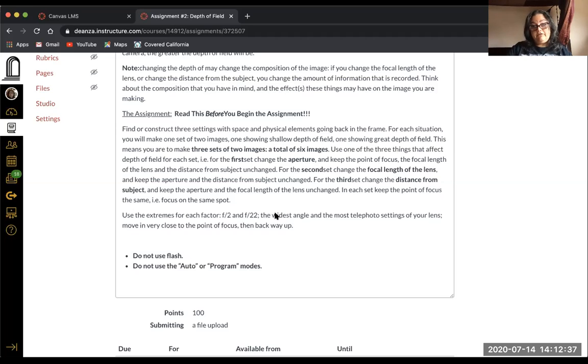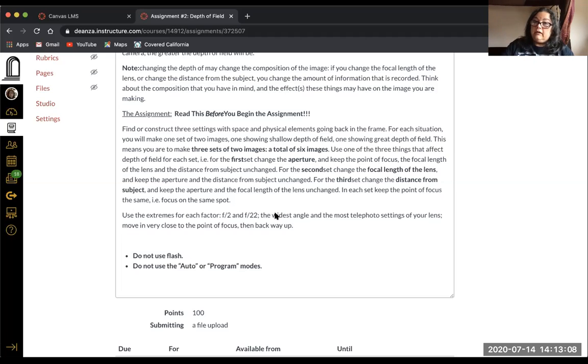And then for the first image, I will use a very large aperture, so the widest aperture my lens is capable of, f3.5, f2. And that will give me shallow depth of field. Then, without moving, without changing the lens, and without changing my point of focus, I'm going to stop down the aperture all the way to the smallest aperture that the lens is capable of.